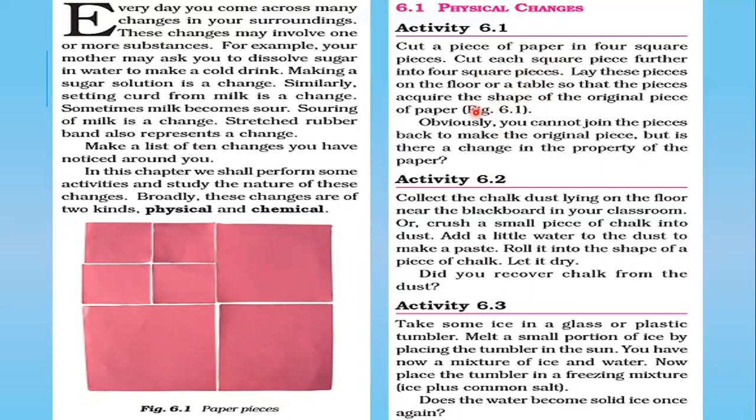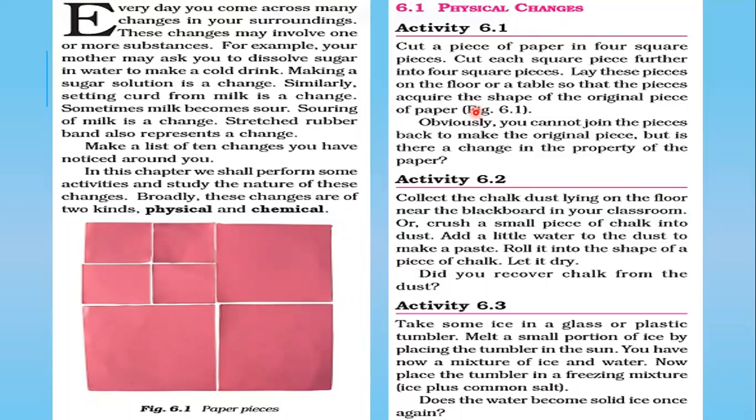Take a large sheet of paper, cut it into 4 pieces. Again, one of the 4 pieces you cut into still smaller pieces. And then if you try to join all the smaller pieces, to some extent you will be able to make the paper, but it will not look like the original sheet you have taken.